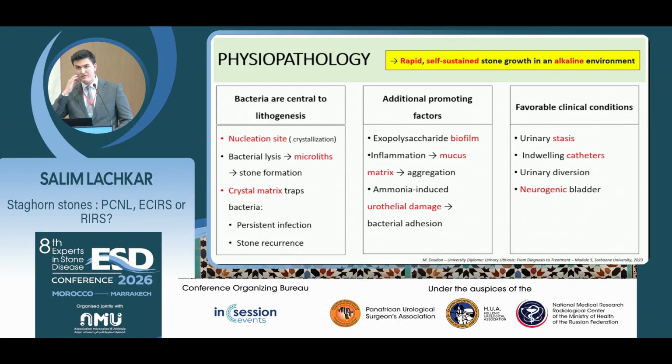There are also some favorable clinical situations that will have to be considered before treating the patient. So all those factors will be together to have a rapid and self-sustained stone growth.